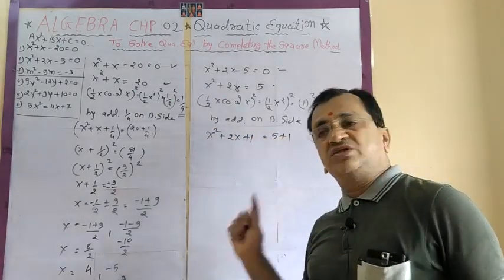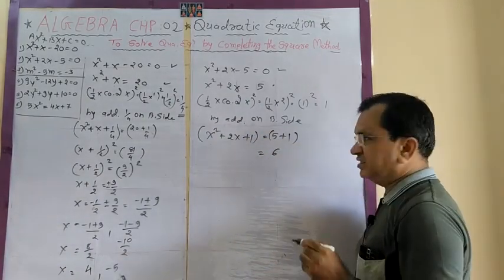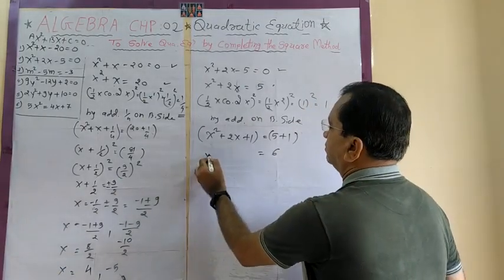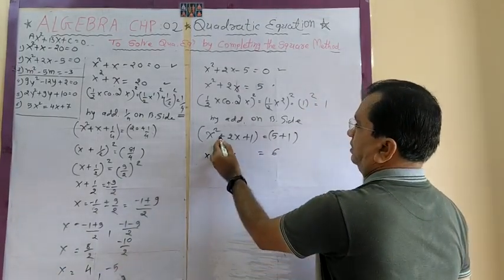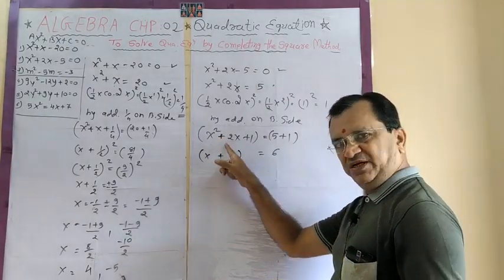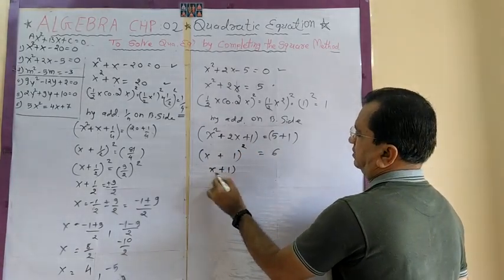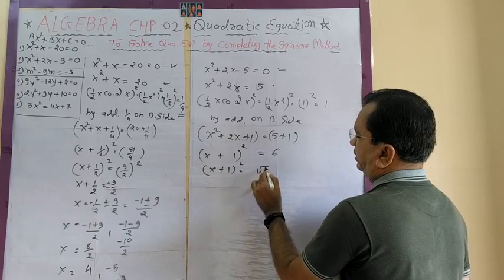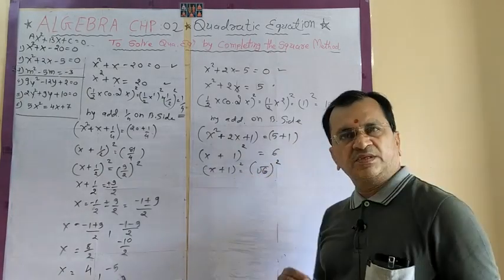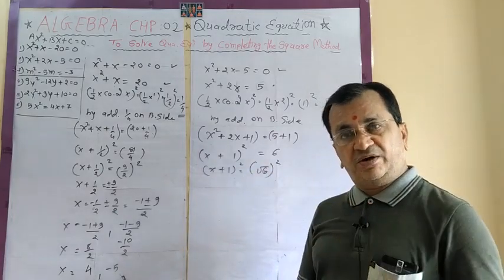Adding on both the sides, this will be 6. How to make a perfect square? Always square root of first term, square root of last term, sign of middle. If it is minus, minus. If it is plus, plus. Square. Now x plus 1 square is root 6 square. To remove the square on both the sides, now take square root.